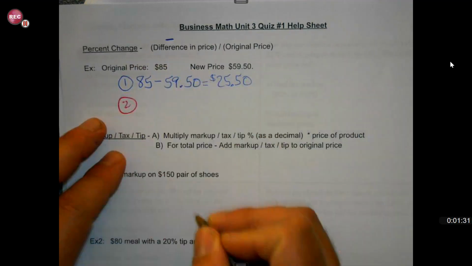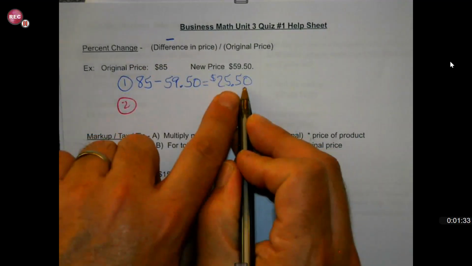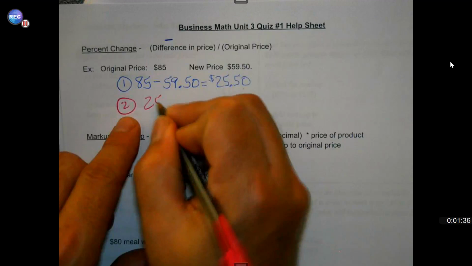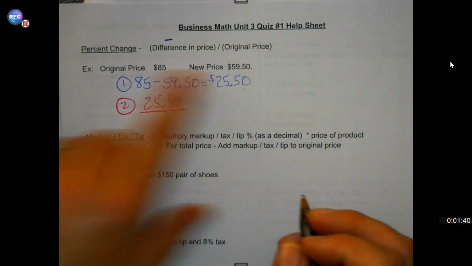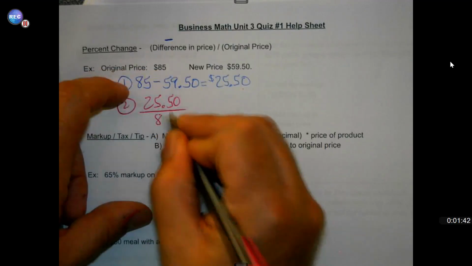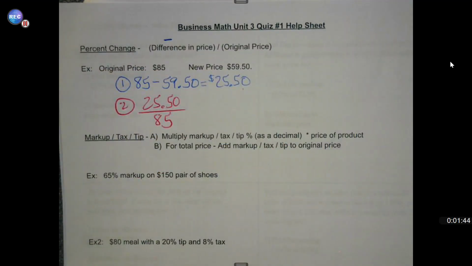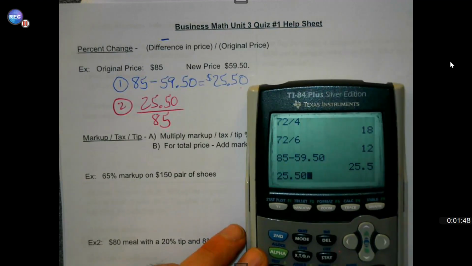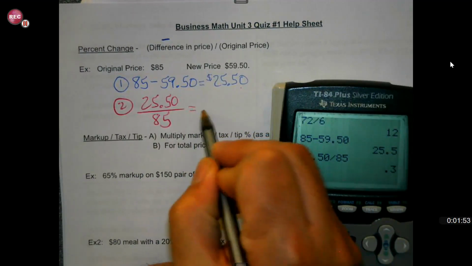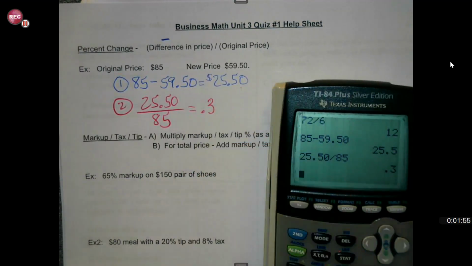because then part 2 is taking the difference, so the part we got for part 1, and dividing it by the first price, the original price, not the new one. It does make a difference. And so here, though, be careful. 0.3 is not the percent.